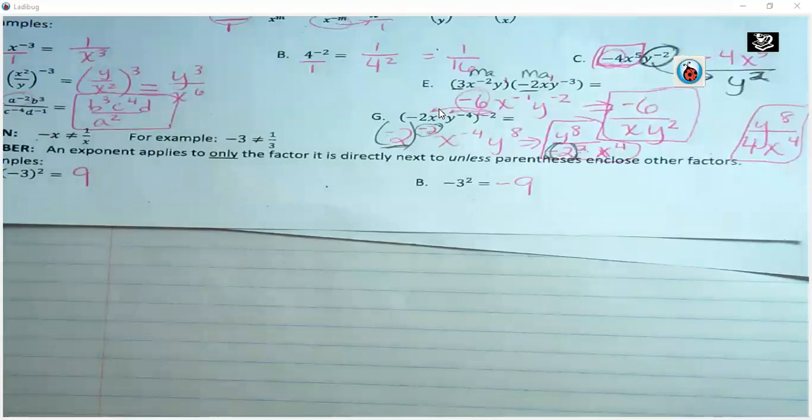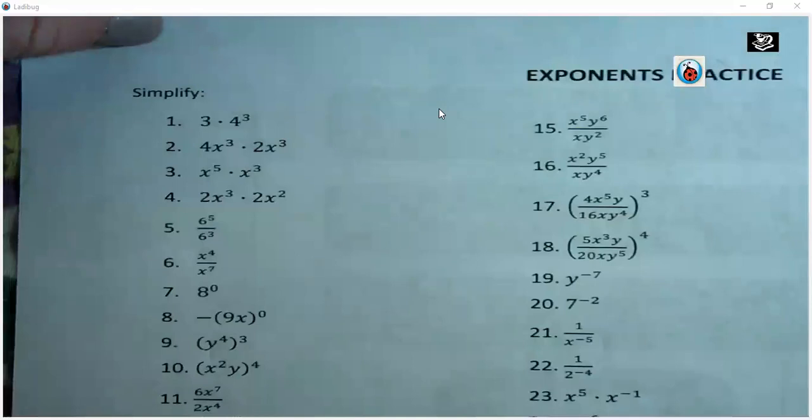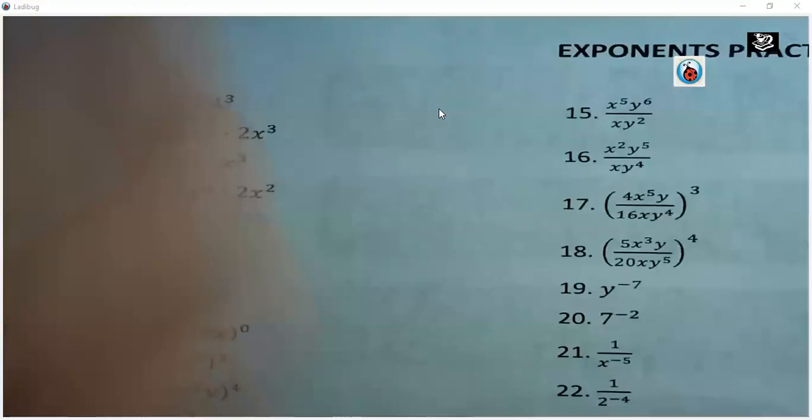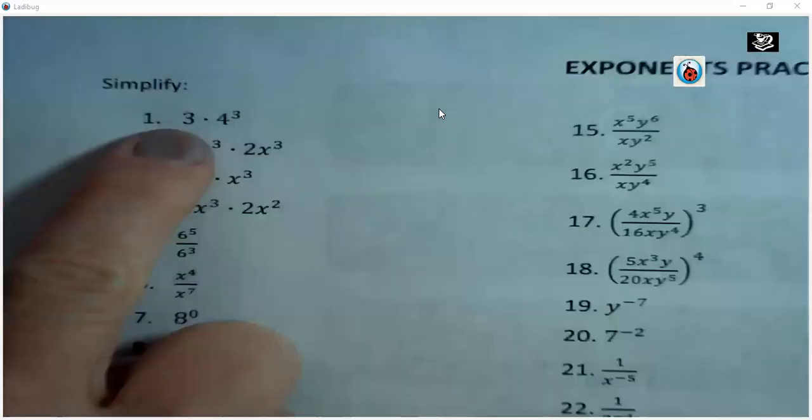Okay, let's do some more examples. All right, number 1, can I multiply those?